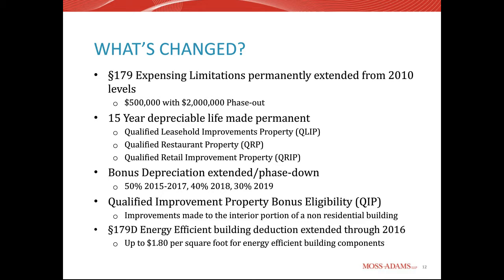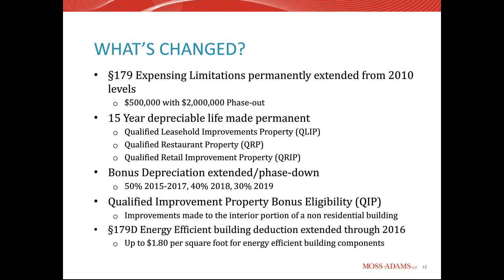Right, good question. Pretty much all of these incentives are available going back in time. Obviously, with the addition of the qualified improvement property being in 2016, there's not an opportunity to go back in time on that one. But the IRS allows you to go back and essentially fix anything that had not taken advantage of these provisions.